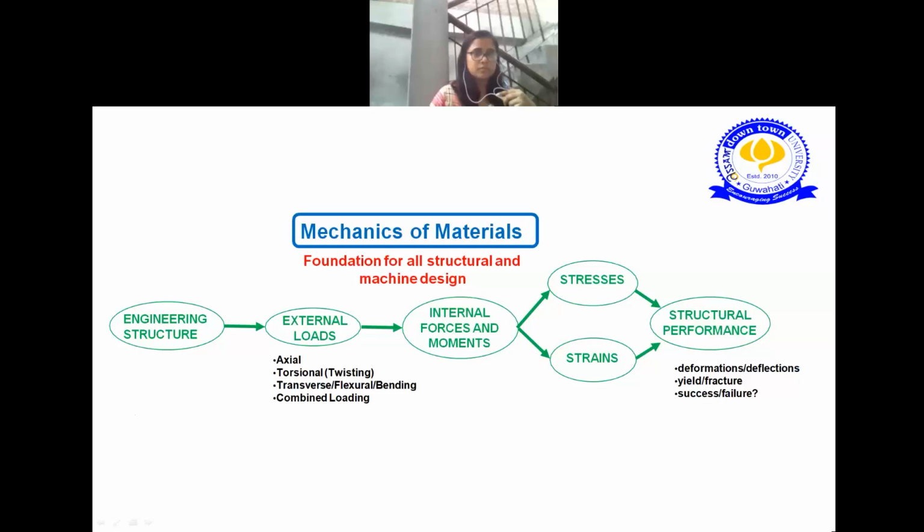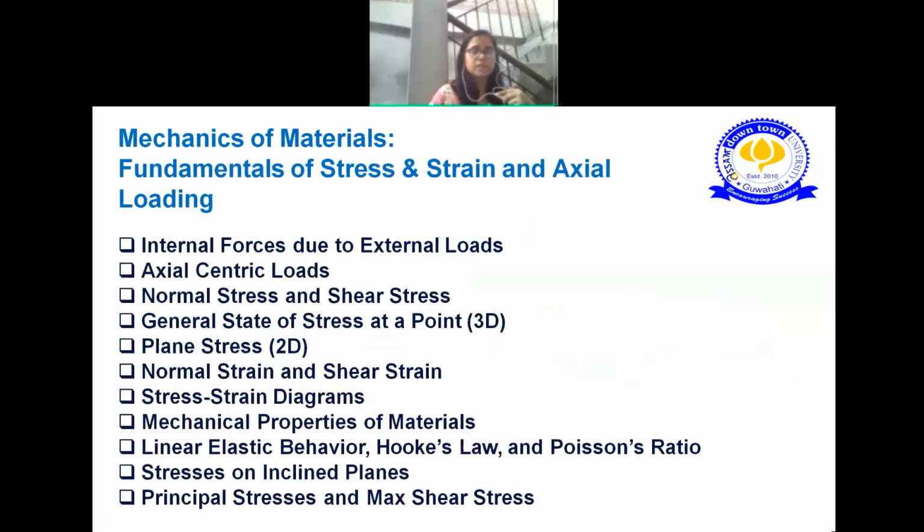So this is the overview of the syllabus: fundamentals of stresses and strain and axial loading, then thin wall pressure vessels and torsion, then beam bending, then deflections, buckling, combined loading, failure theories. These are the topics we'll discuss.